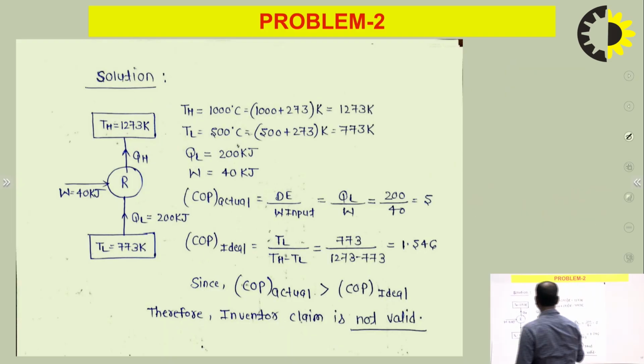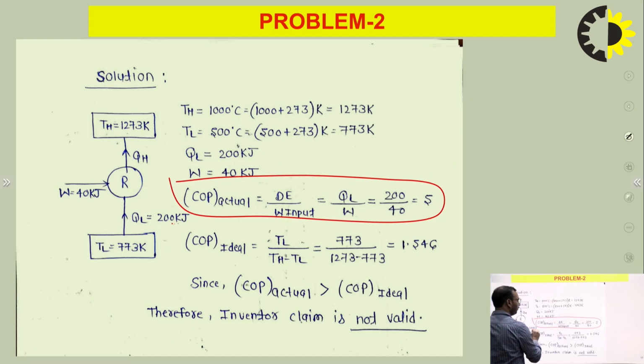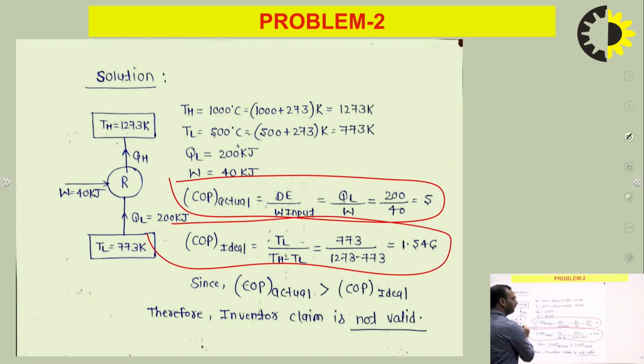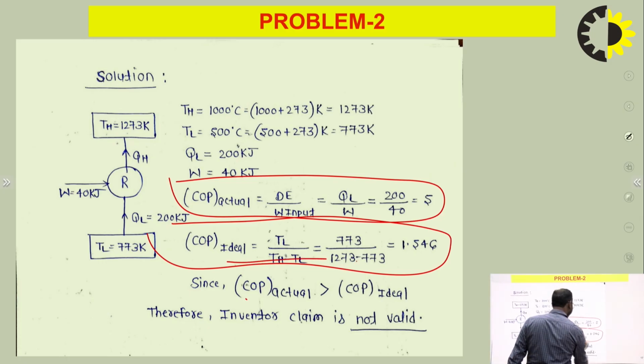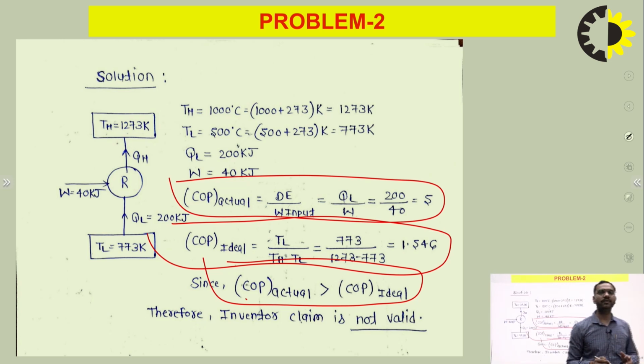So here COP of actual is 5 and COP of ideal is 1.546, meaning actual COP is greater than ideal COP. It means the inventor's claim is not valid or not feasible. So this is all for this lecture.